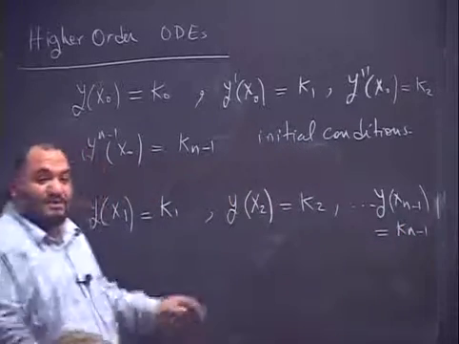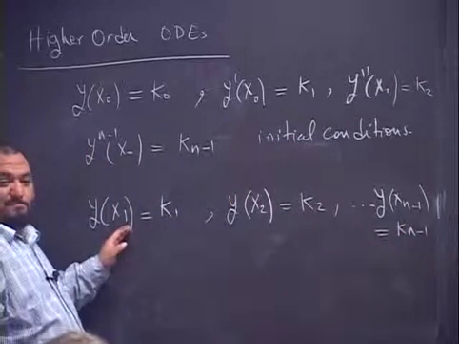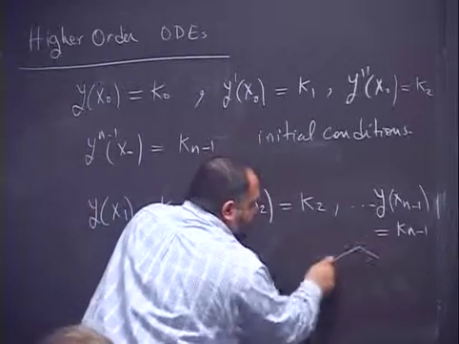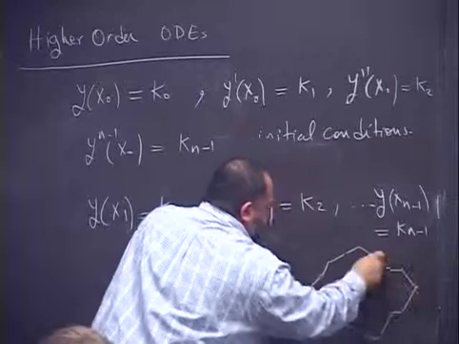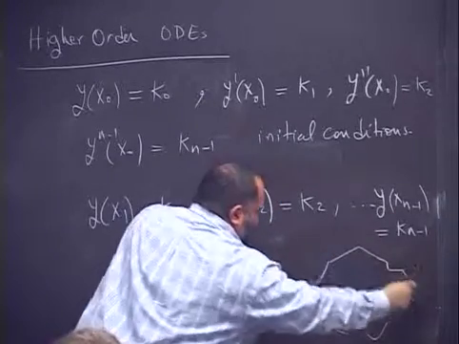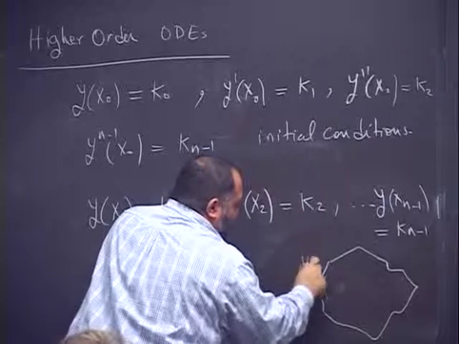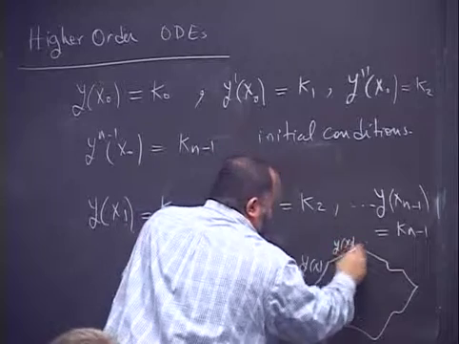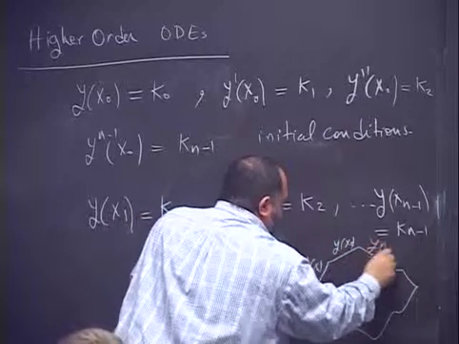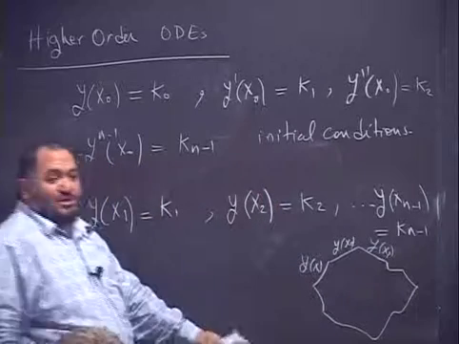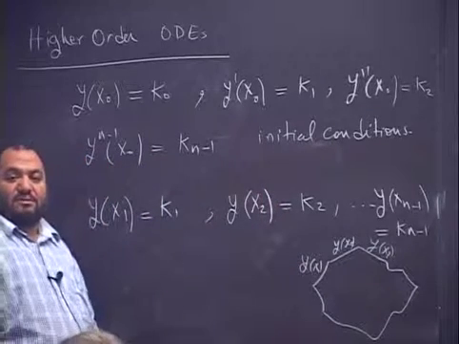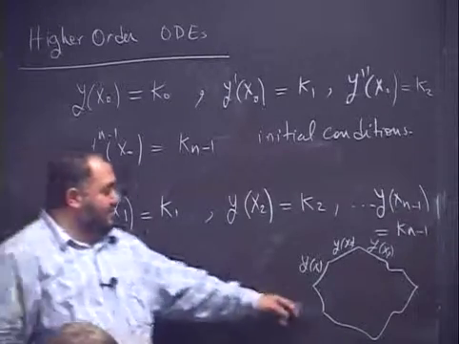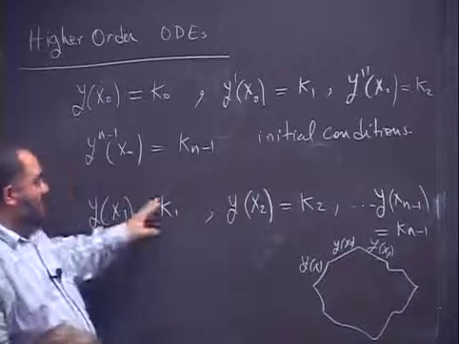So I only define my function y at what? Let's say that this is the domain, these are the boundaries, so I will define y here at x1 in this location, and y at x2 in this location, then y at x3 in this location, and so on. I did not define the derivatives of the function y. I just define the function y at different boundaries. What's the value at different boundaries? So this is called what?